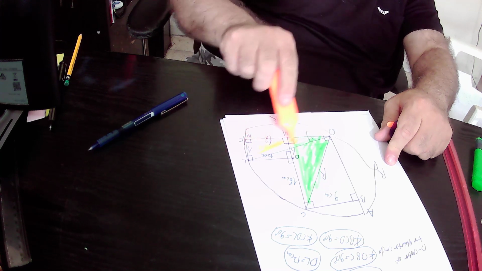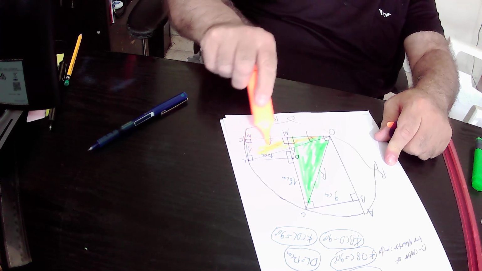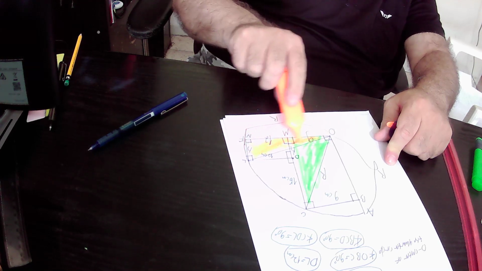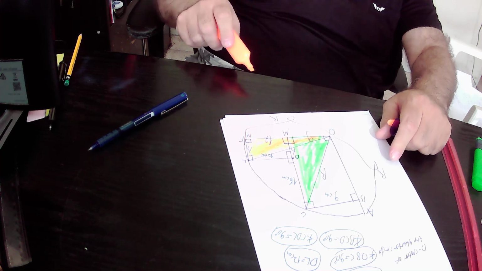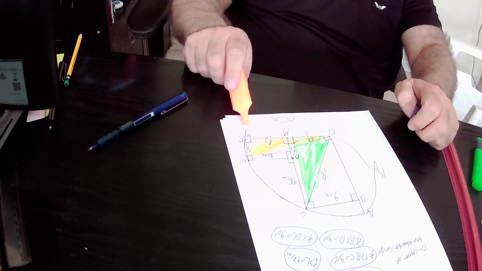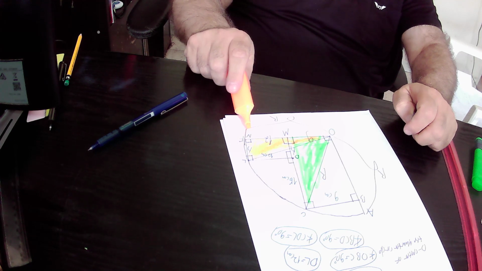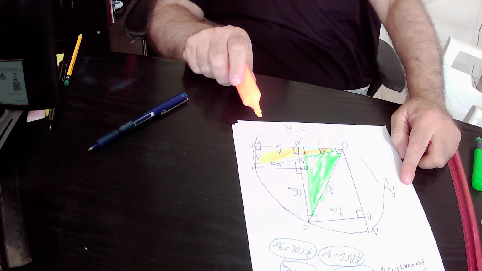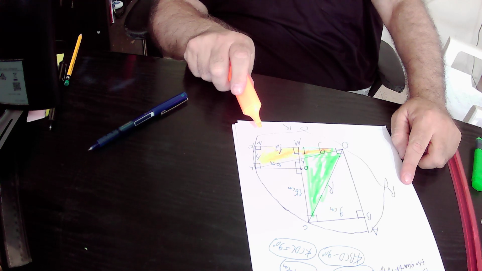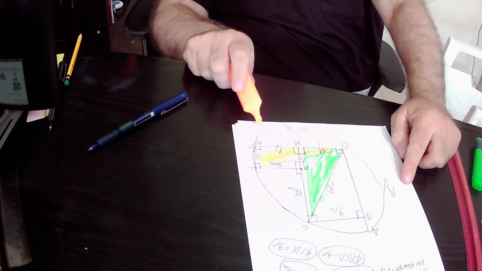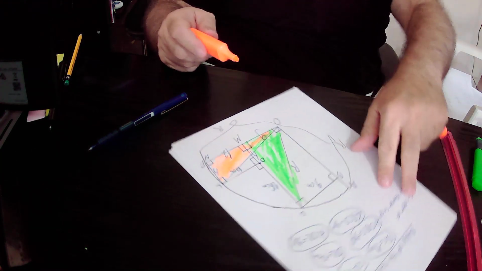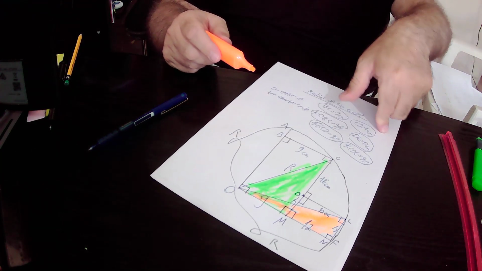This is a right triangle, the orange triangle OLM is a right triangle. Why? Because this angle equals 90 degrees. Therefore, the orange triangle is a right triangle. Now we will implement the Pythagoras theorem on the right triangle, triangle OLN.